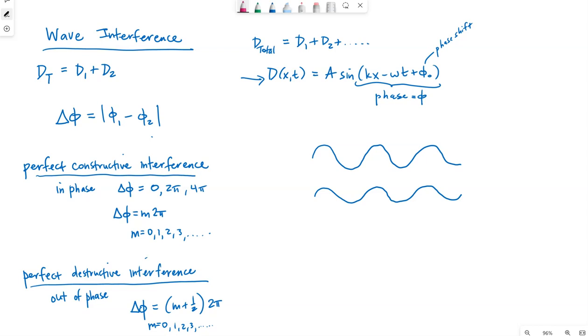So this bottom one, I think I can grab it and move it. If I move this where the peaks and the troughs line up, they're now going to add up to be 0 and give us that situation of perfect destructive interference.